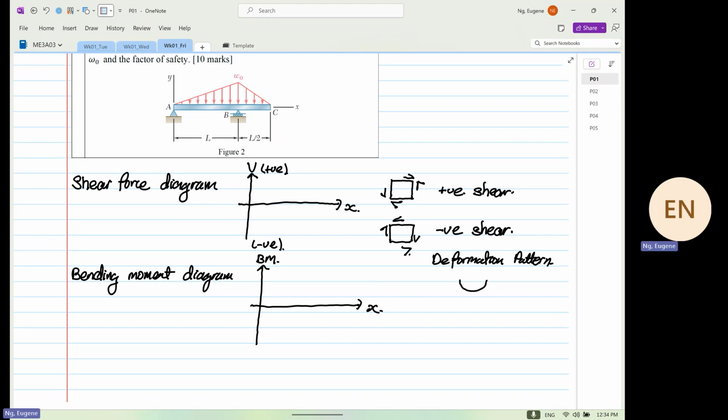And the deformation pattern is a sad face for negative bending moment. Deformation pattern means the deflection. I'll put down here again the deflection.